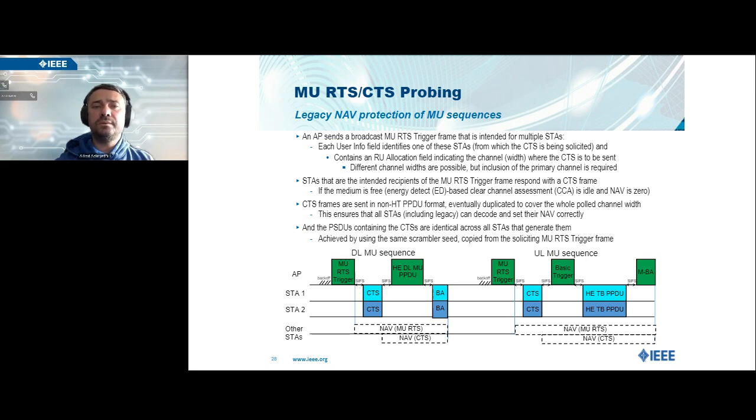Now, as usual, because the CTS frames need to set the NAV also of legacy stations, they are sent in non-HT duplicate PPDU format, and they cover the whole channel width so that you're protecting all the bandwidth where the access point intends to send the downlink or the trigger-based PPDU sequence.